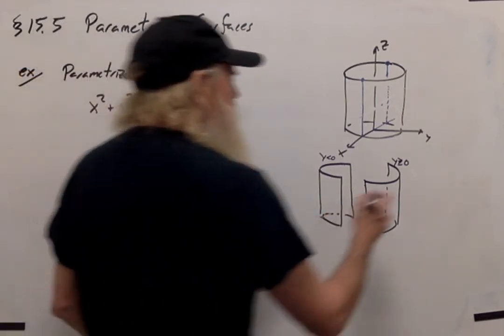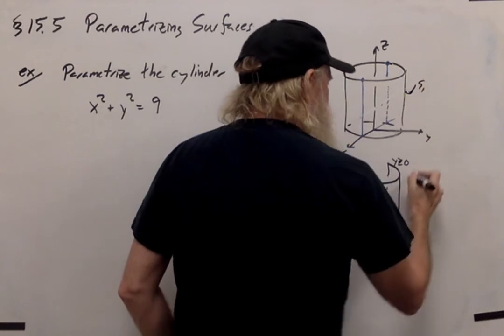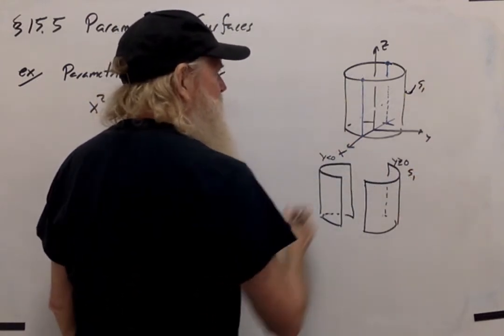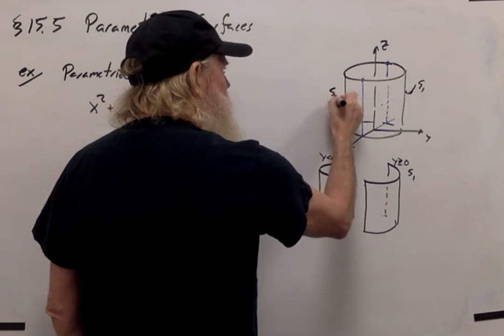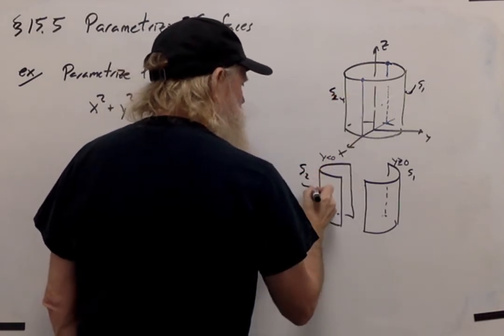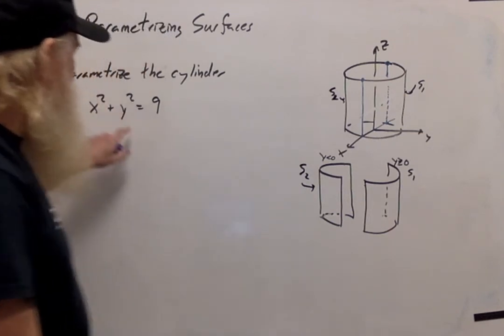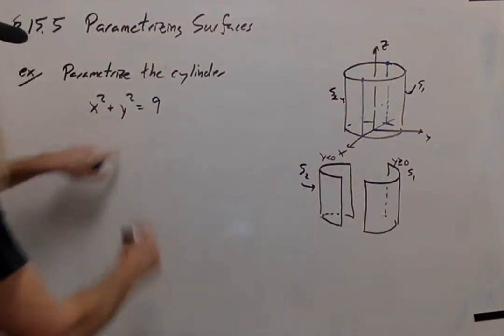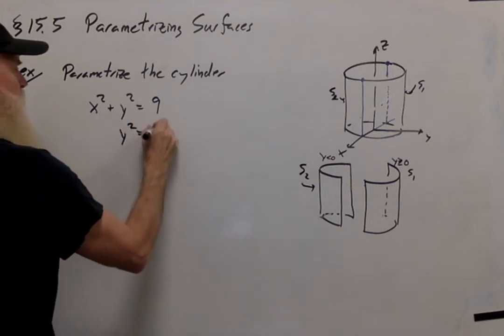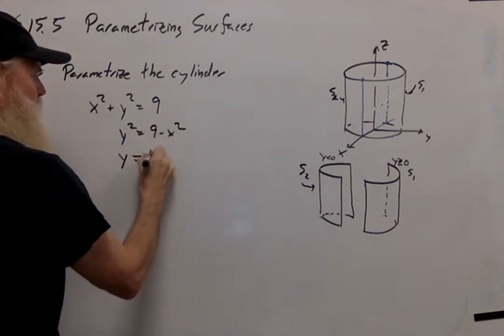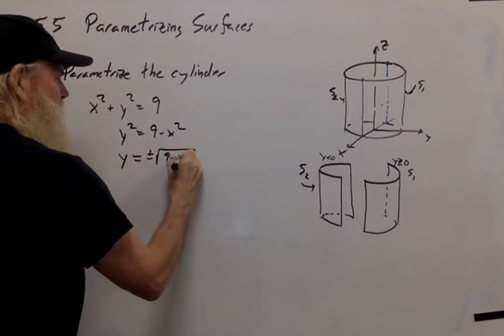So let's call the part on the right S1. So S1 will be the portion of the cylinder where y is positive, and S2 will be the portion of the cylinder where y is negative. Solving for y in this equation, we have y squared equals 9 minus x squared. So when we take square roots, we'll have plus or minus the square root of 9 minus x squared.